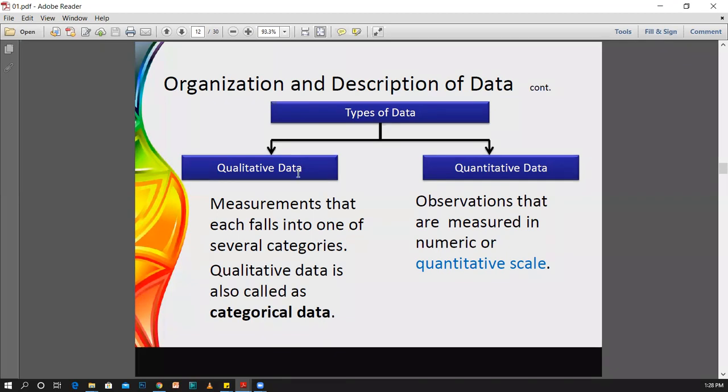Qualitative data are measurements that each fall into one of several categories. Qualitative data is also called categorical data. So if you have several categories rather than numerical values, such data is said to be qualitative data.